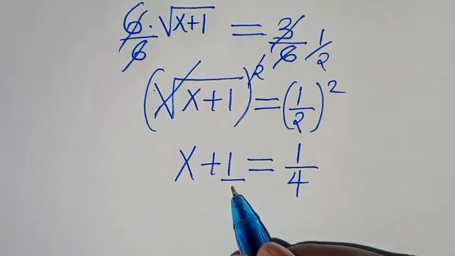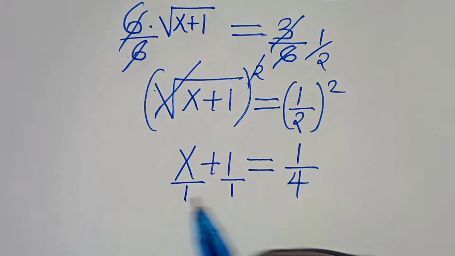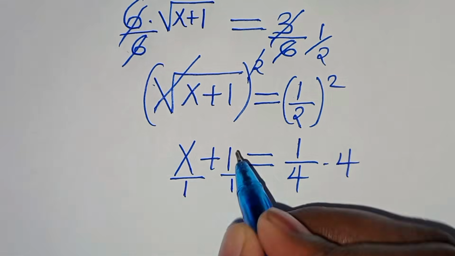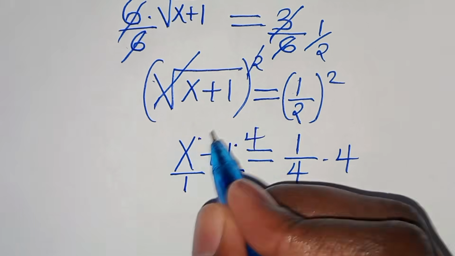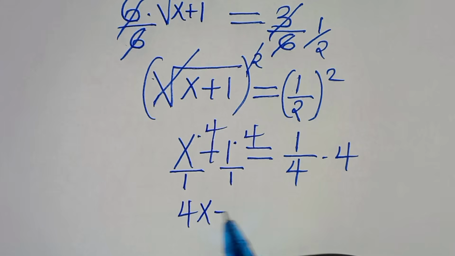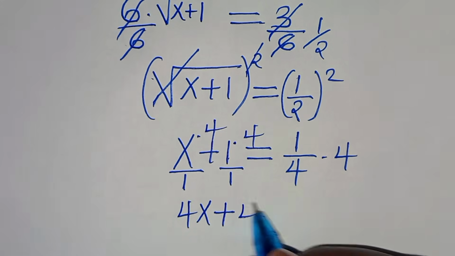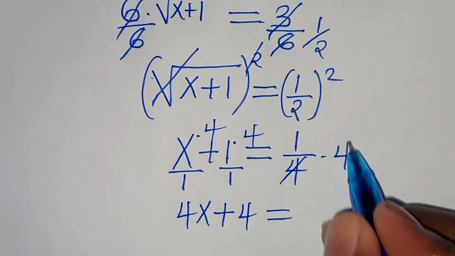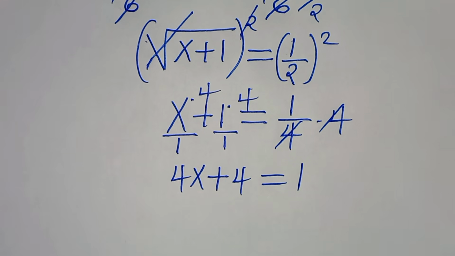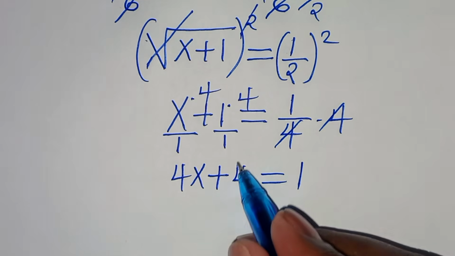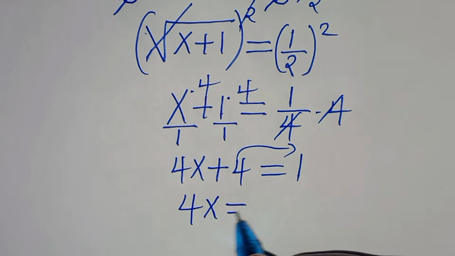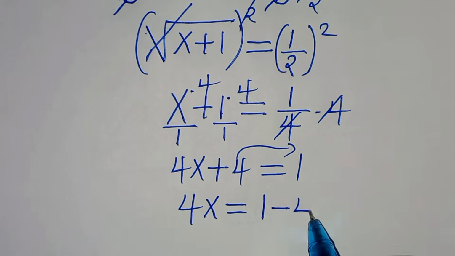So 1 is a whole number, so this is over 1, and x is over 1. So the LCM is 4. So let's multiply everything here by 4. So that now, x times 4, this is 4x, plus 1 times 4, this is 4, and this is equal to 1. The next step is to take plus 4 to the right hand side so that we have 4x equal to 1 minus 4.